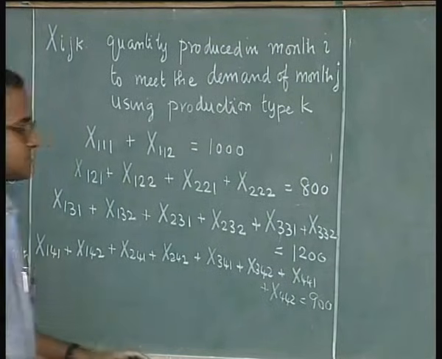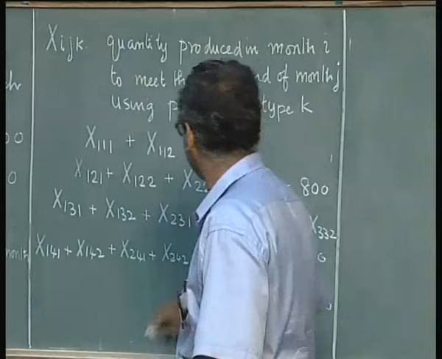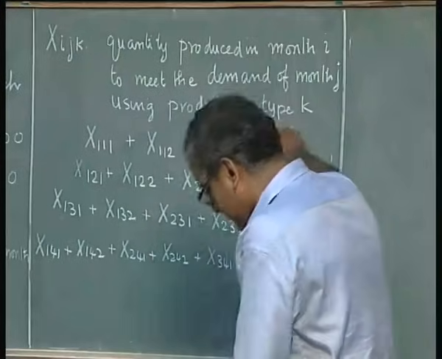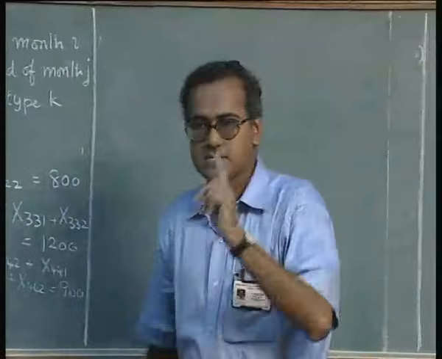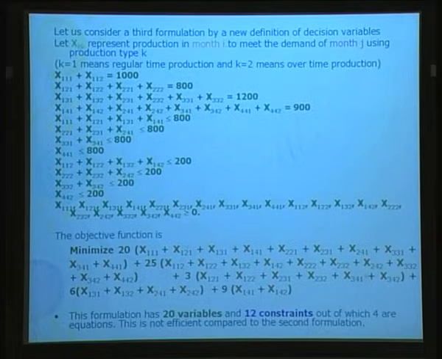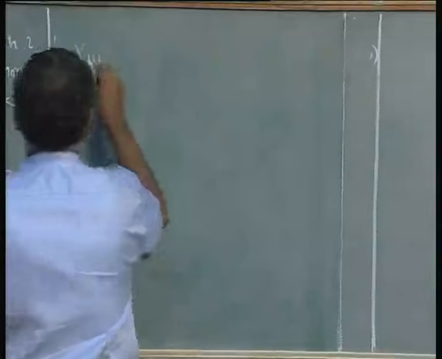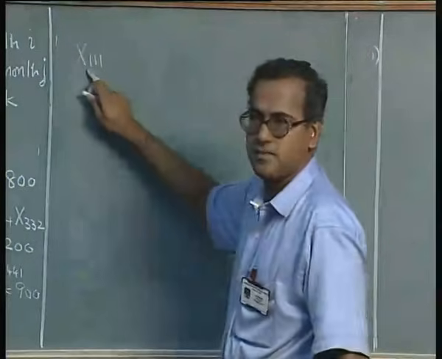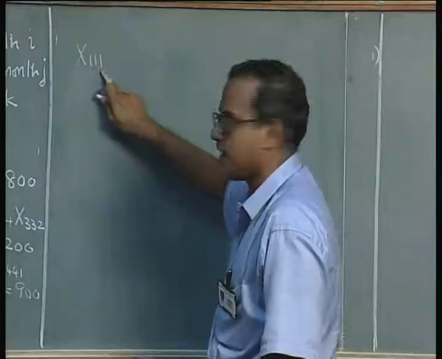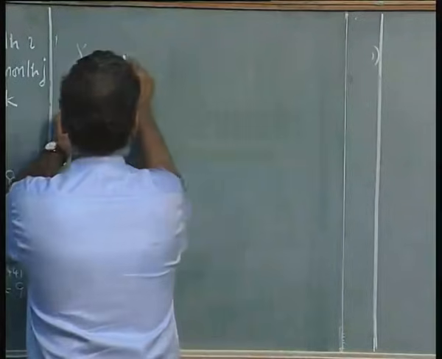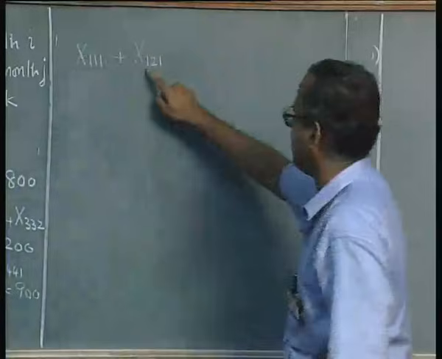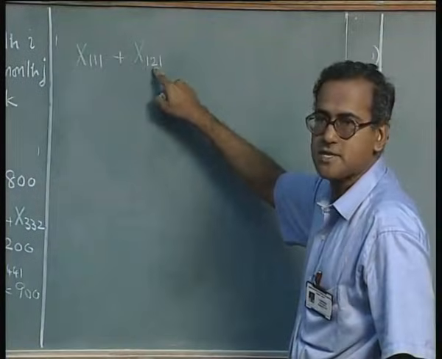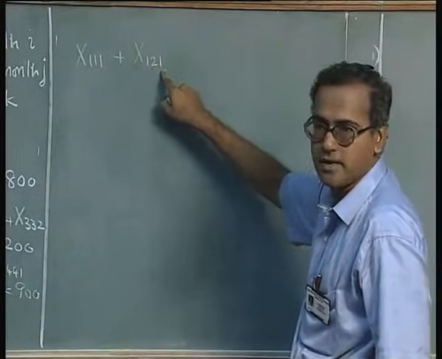Now, we need to look at the constraints on the capacities. Now, the first month, what do we do? First month regular time: x111, produced in the first month to meet the demand of the first month by regular time, plus x121, I produce in the first month to meet the demand of the second month once again by regular time.